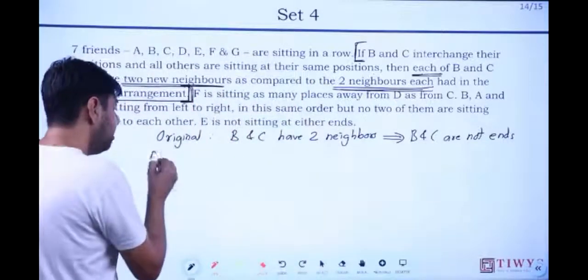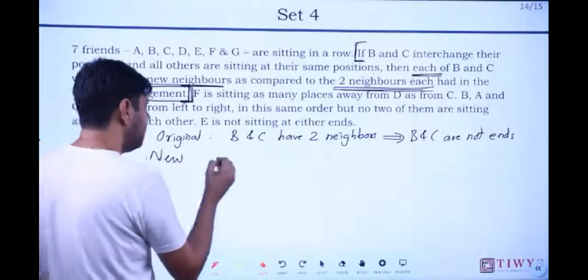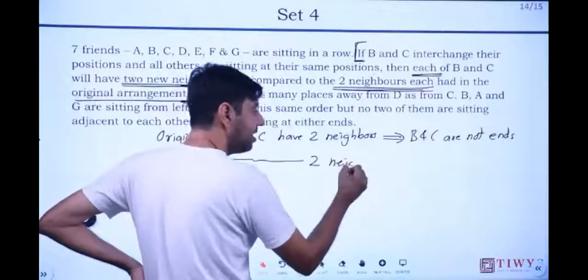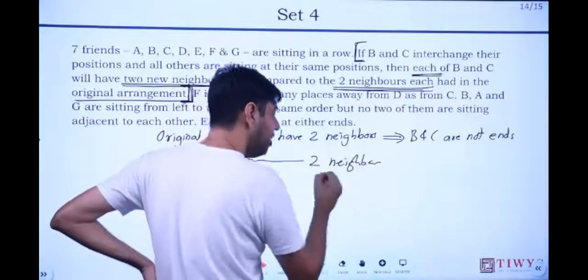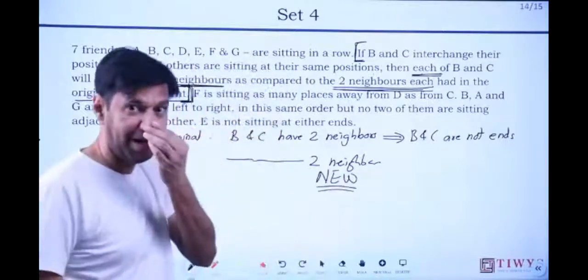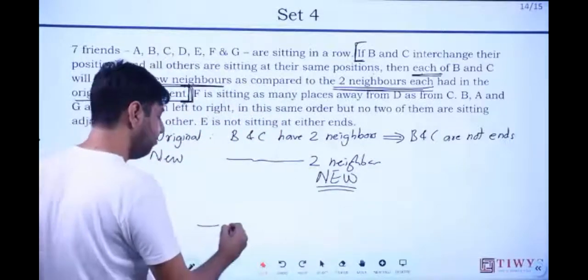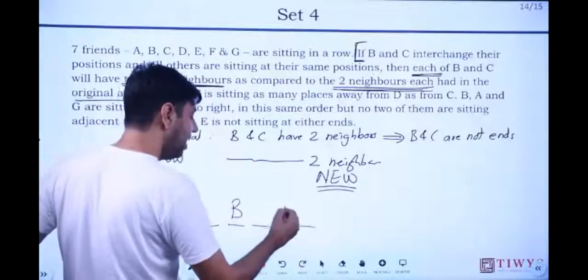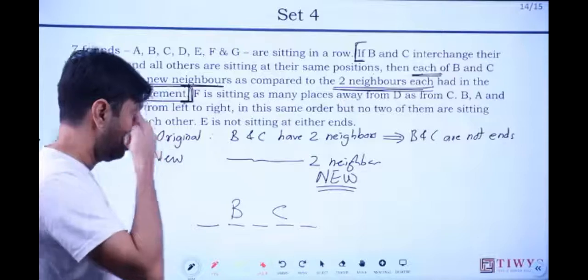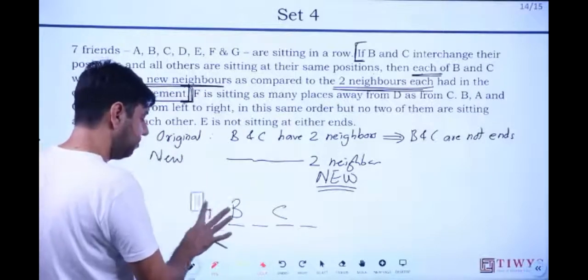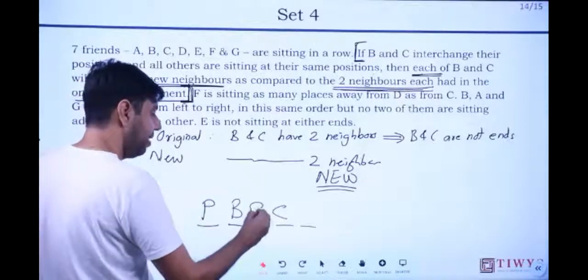Now, in the new arrangement, B and C will have two neighbors again, and the interesting bit is these two will be new neighbors. They can't be the old neighbors. So try to think, what does that mean? 1, 2, 3, 4. So can B and C actually, let's say, be like this? If I put, let's say, PQR over here, PQR.